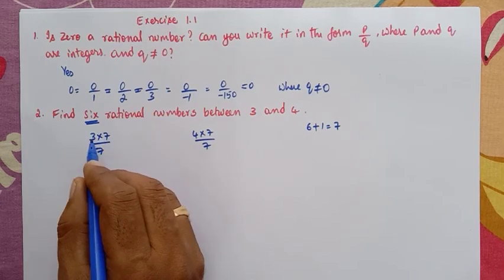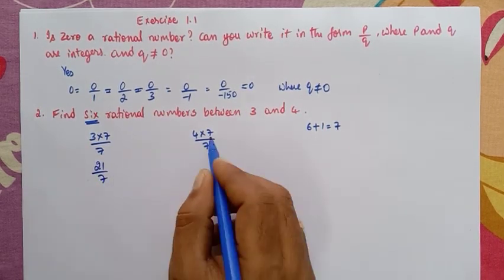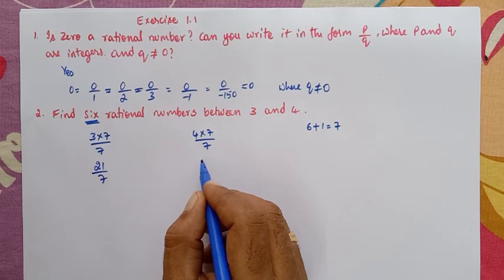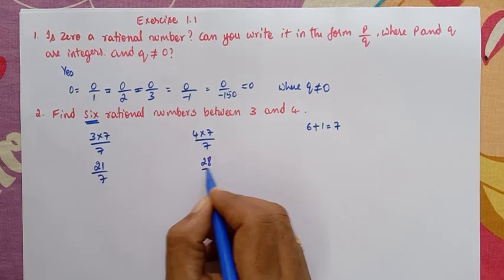What happens here? 7 threes are 21 by 7, whereas here 28 by 7.